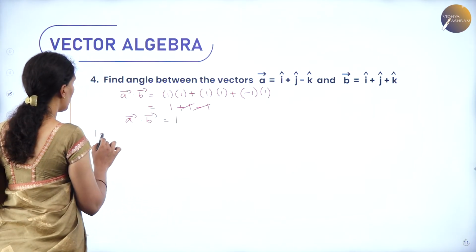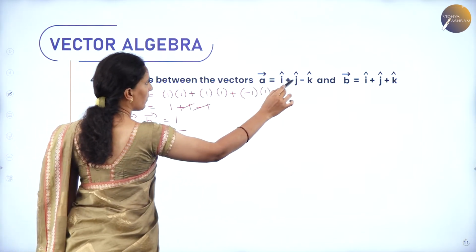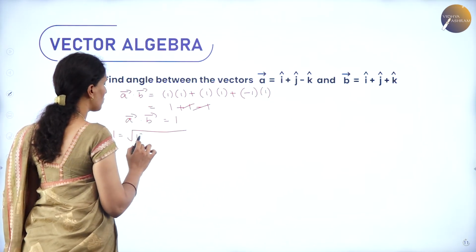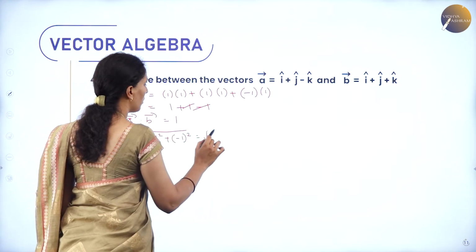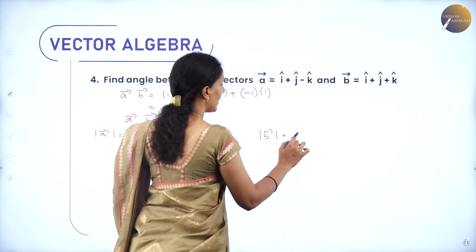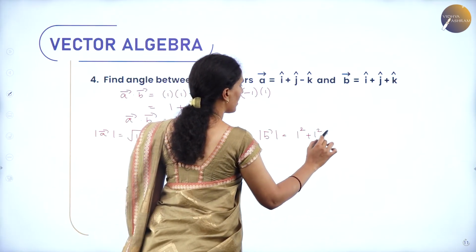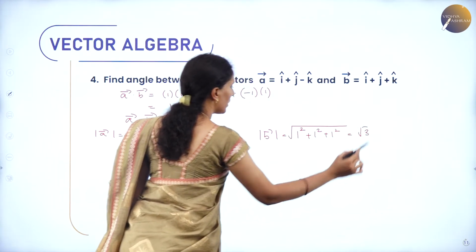Now the magnitude of vector A, clearly you can see, is the square root of 1 square plus 1 square plus minus 1 whole square, which is equal to root 3. Similarly, the magnitude of vector B is again 1 square plus 1 square plus 1 square under the square root, which is equal to root 3.